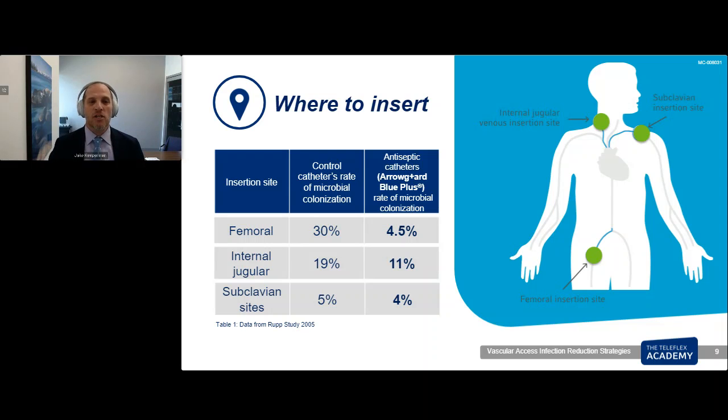At the IJ location, there was 19% colonization in the control group versus 11% in the ArrowGard Blue Plus. And then for the subclavian sites, 5% colonization in the control group and 4% colonization in the ArrowGard Blue Plus.